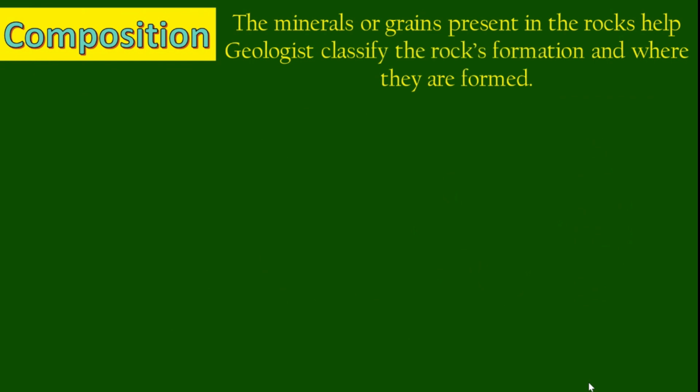Another way that geologists classify rocks is based on their composition. The minerals or grains present in a rock help geologists classify the rock's formation. This information can be used to determine where the rock formed, such as inside a volcano or alongside a river.